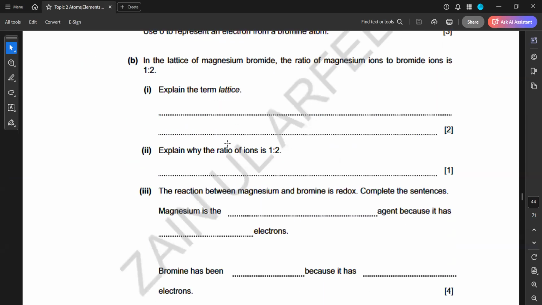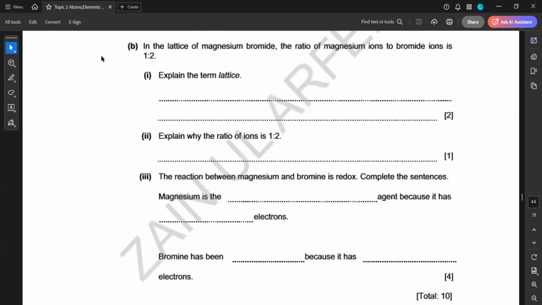The next part: in a lattice of magnesium bromide, the ratio of magnesium ion to bromide ion is 1:2. Explain the term lattice. How do we define the term lattice? A lattice is a regular arrangement of oppositely charged ions.